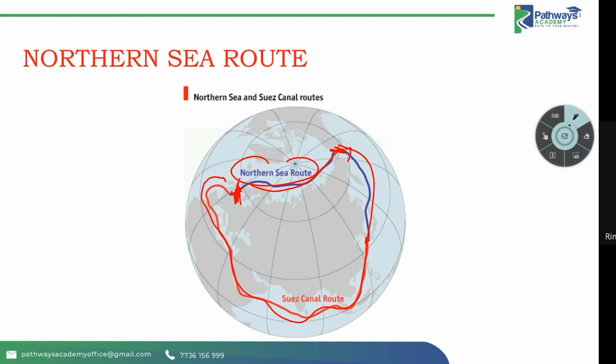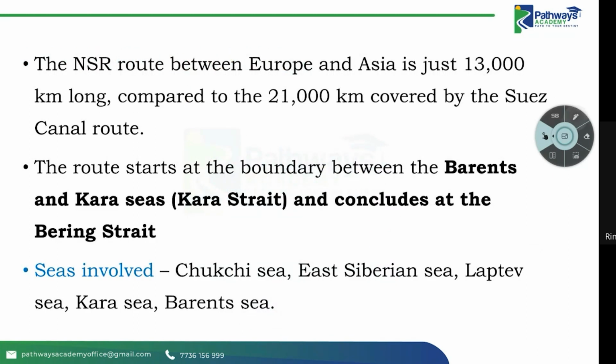So this is an alternative route to the Suez Canal route. It is 13,000 kilometers long compared to 21,000 kilometers covered by the Suez Canal. Almost half the distance of the Suez Canal route. That is the significance. Please write it down.